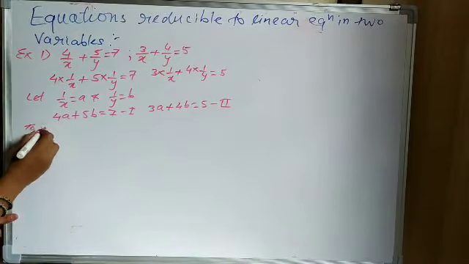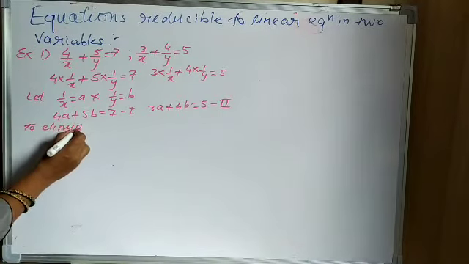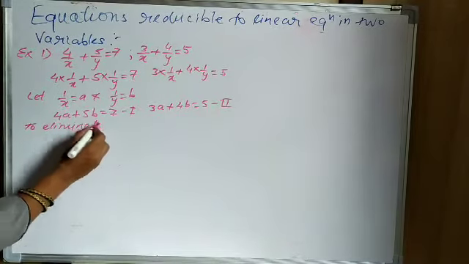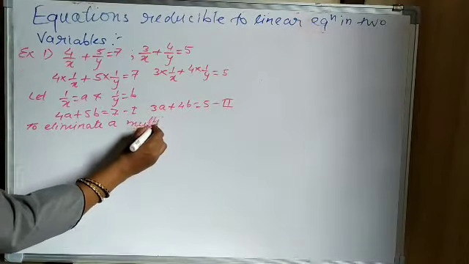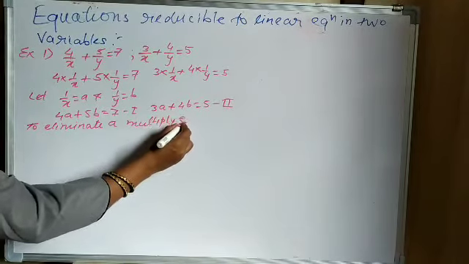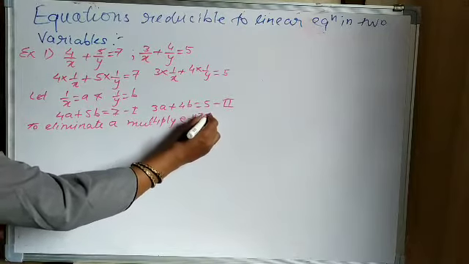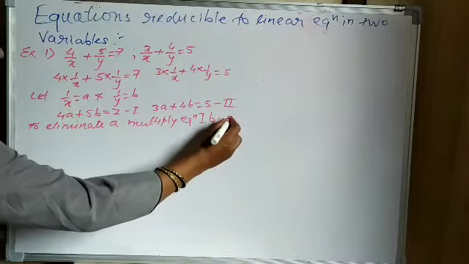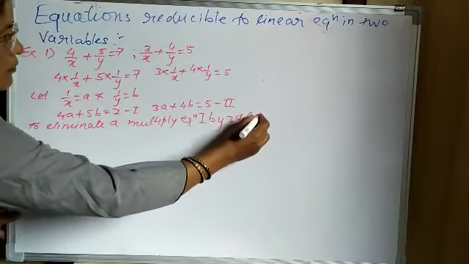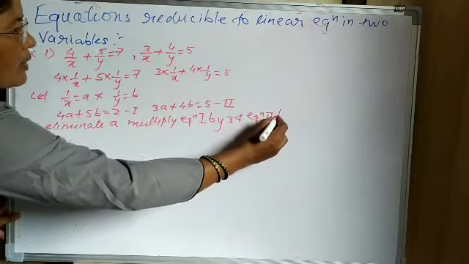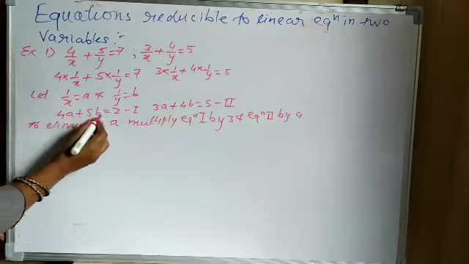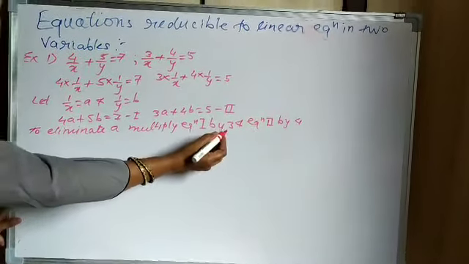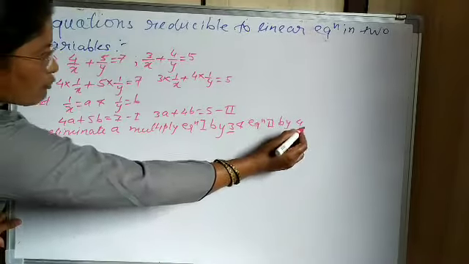To eliminate a, multiply equation 1 by 3 and equation 2 by 4.